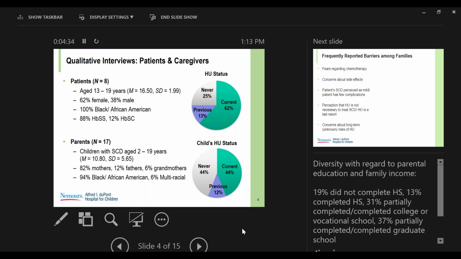So some patients were on it currently, some had been on it previously but discontinued, and some had never been on hydroxyurea. And we interviewed both they and their caregivers about what were the things that were important when making those decisions to either start or restart or continue or discontinue hydroxyurea.